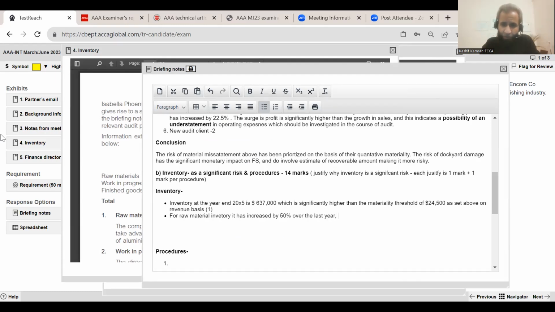This is a significant fluctuation, and this needs to be investigated for any possible overstatements. Because the raw material inventory has increased a lot, the auditor will investigate it for any possible overstatement. That is another reason why inventory is a significant risk of material misstatement.